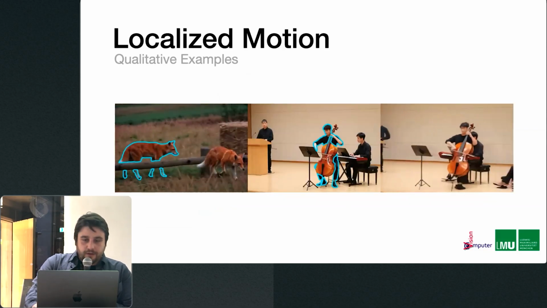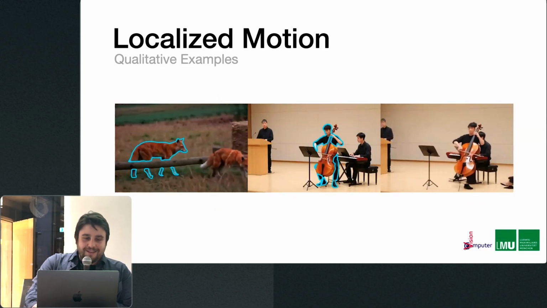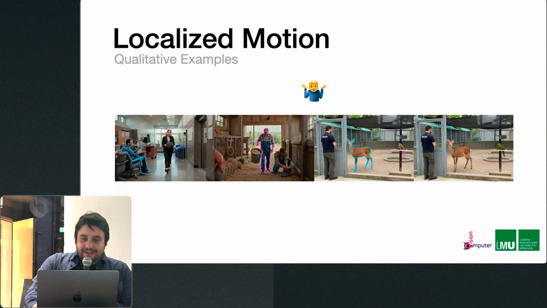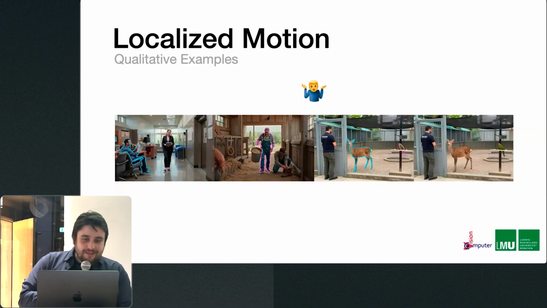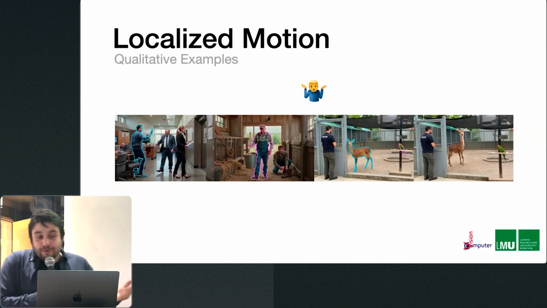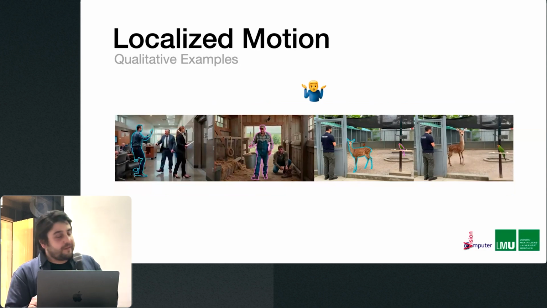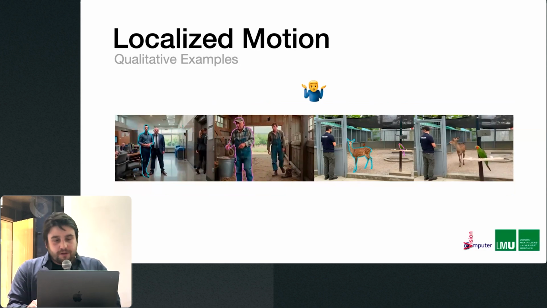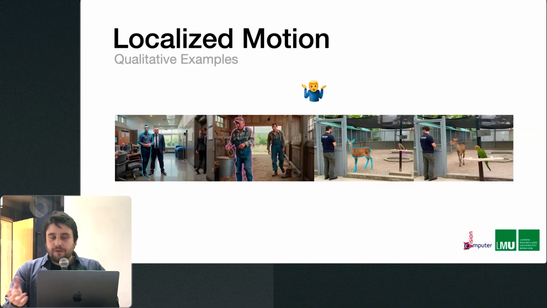Here are some other examples. It's maybe a weird example. And of course, the model sometimes does some weird stuff. But the motion is correct. And in this case, it's even two different video motions applied to two different objects in the same scene.